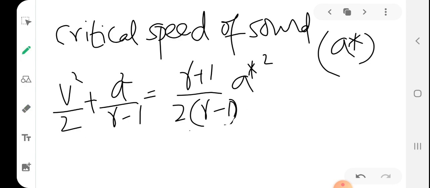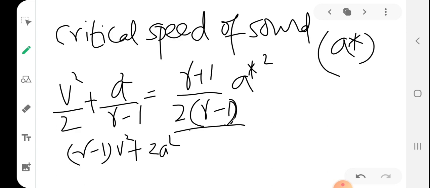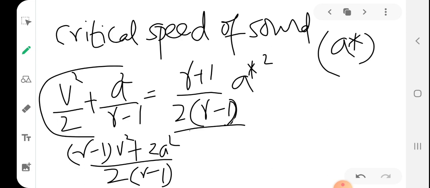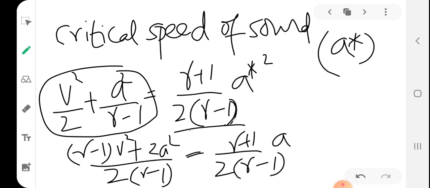Before taking this term to the other side, I will rearrange it like this: gamma minus 1 V square plus 2a square, by 2 gamma minus 1. I am taking the LCM and multiplying it. So we get this, equal to gamma plus 1 by 2 gamma minus 1 a star square.